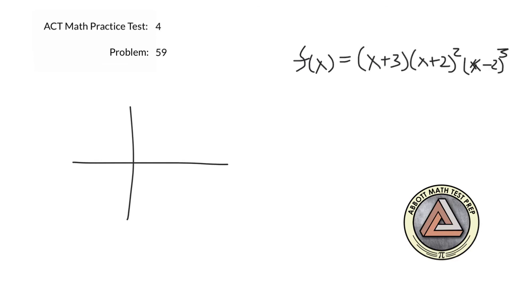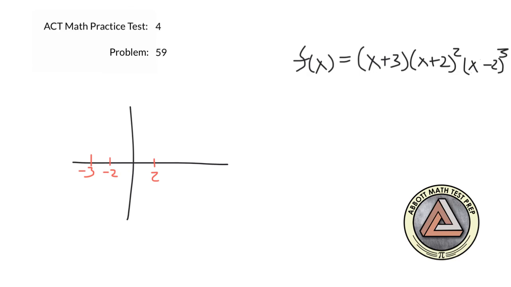So imagine this is the function. Well, the truth of the matter is, we know that this function has zeros at -3, -2, and +2. So that means at -3 and at -2 and at +2, this graph intersects the x-axis.